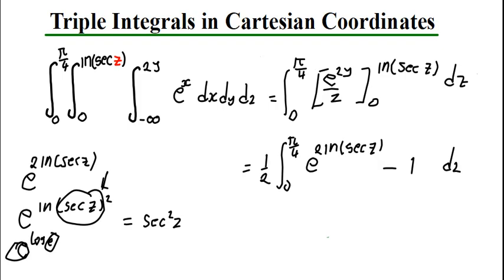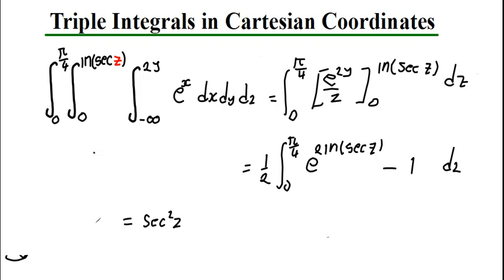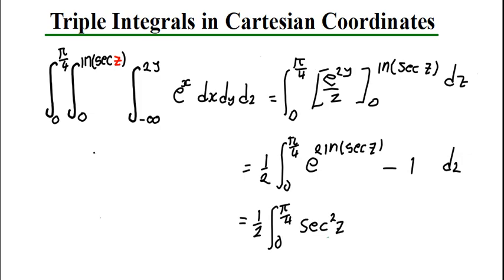That's the simplification we have gotten. So we have 1 over 2, from 0 to pi over 4, of sec squared z minus 1 dz.